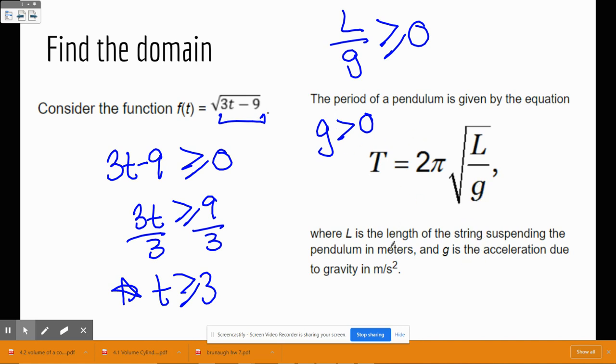So they want to know what the domain would be here. Well, because G cannot be 0, there's no possible way. I guess if L could be 0, potentially. You just have to be really careful. L over G has to be greater than or equal to 0, but G cannot equal 0 either. So I think both parts of that would come in for the domain here. So L over G greater than or equal to 0, but G cannot be 0.